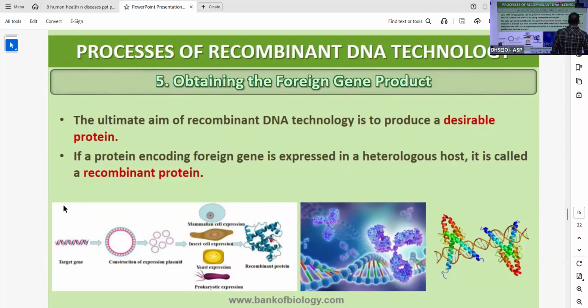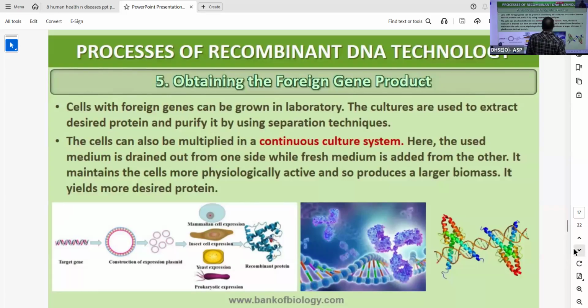Quickly, cells with the foreign genes can be grown in the laboratory. The cultures are used to extract the desired protein, and to purify it we use separation techniques. Just obtaining the substance is not enough; to purify and separate it, techniques must be used. So first the recombinant was prepared, sent into the host with the help of the vector, and then it begins.